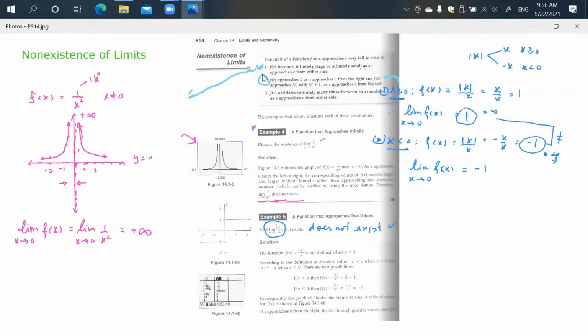Now we go to number 3, the case where the function oscillates infinitely many times between two numbers as x approaches c from either side. Okay, so we go to the next page. What is the meaning of oscillating infinitely many times between two numbers as x approaches c from either side?